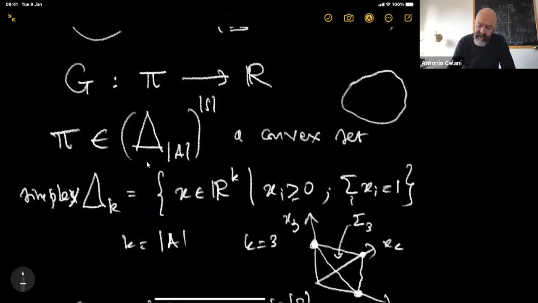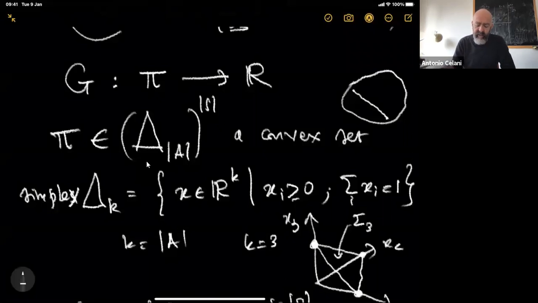This is a convex set because for every couple of points I take, any point on the line between them is inside the domain. This is the definition of a convex set. Clearly, a banana-shaped set is not convex because if you take points on the two tips, the line goes outside the domain.